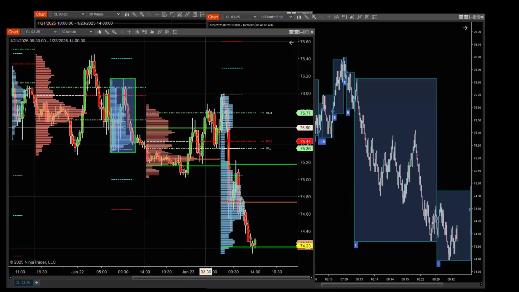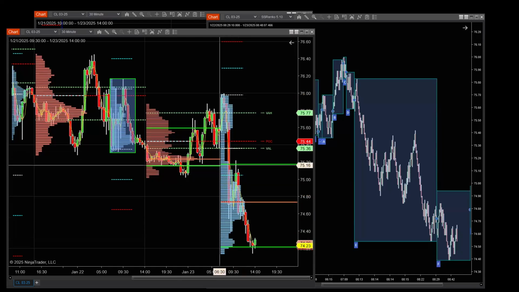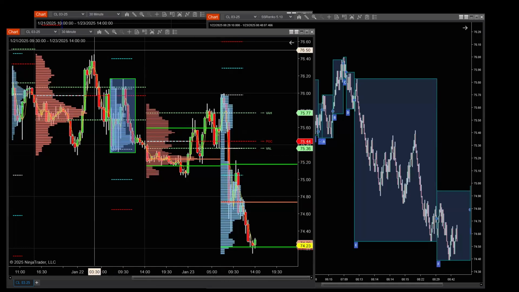You'll see how the market will make its extreme. So you open today inside the value, right here at about 6 o'clock, right in the middle of it pretty much. Then it goes up, comes back down, goes coast to coast, keeps on going. You end up with a profile here that's more B-shaped, shaped more like a B, or you could have a P-shape if it had done it going up.